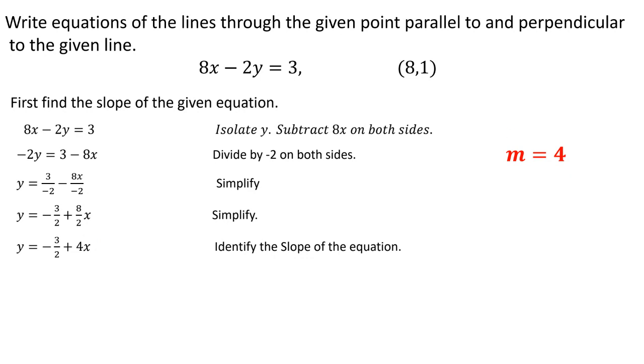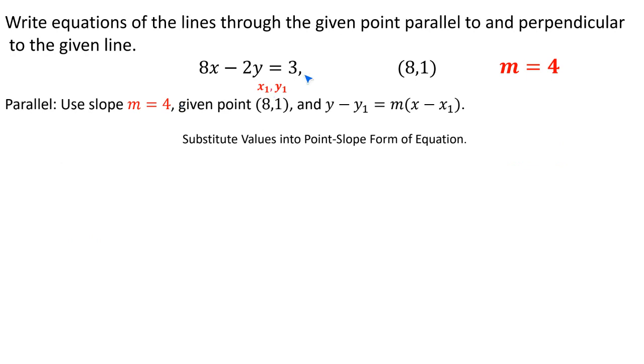So once we have our slope, we can just ignore everything else. And we're going to use our slope and our point. So for my point, I'm going to call it x1, y1. And then we have our equation here. So if we substitute those values, then we end up with y minus y1, which is 1, equals our slope m, which is 4, times x minus x1, which is 8.